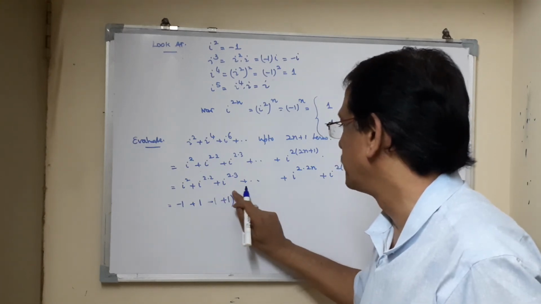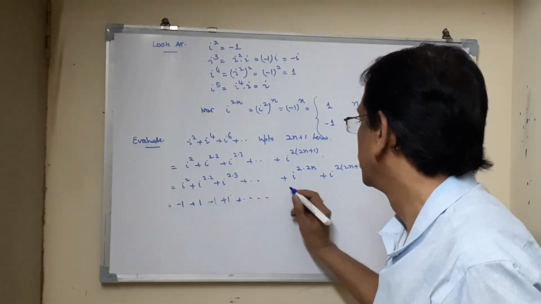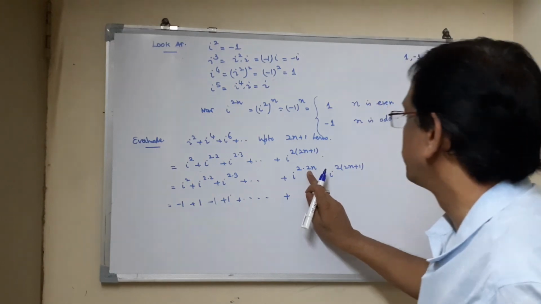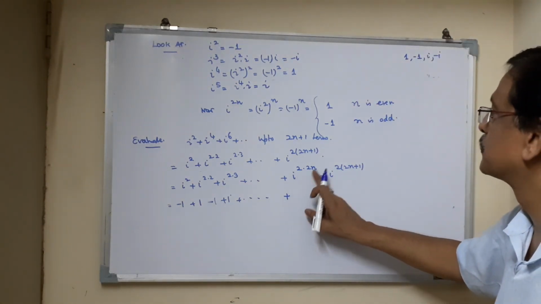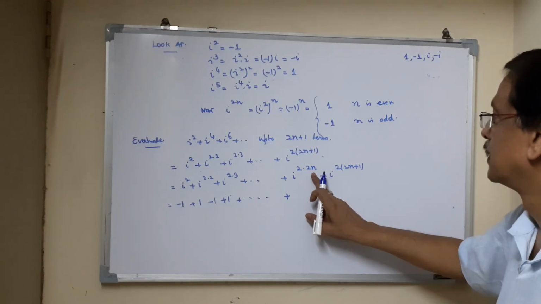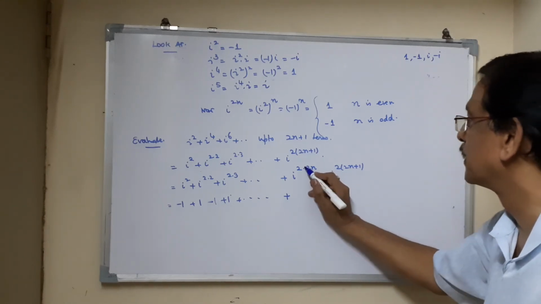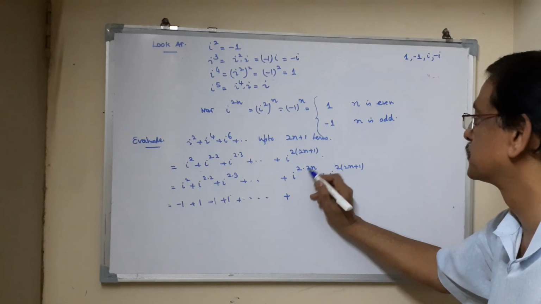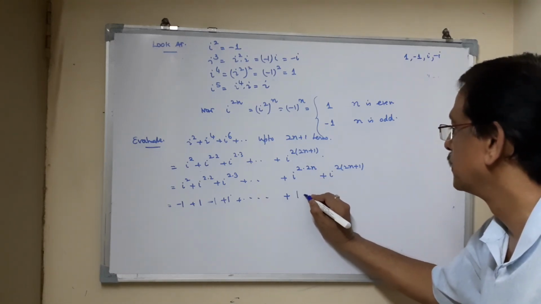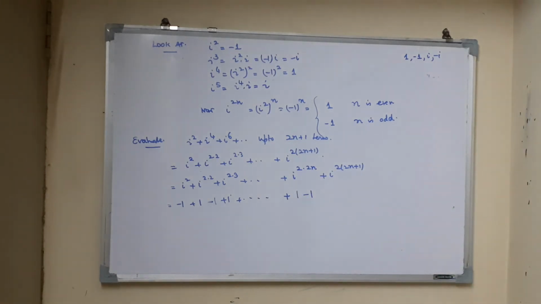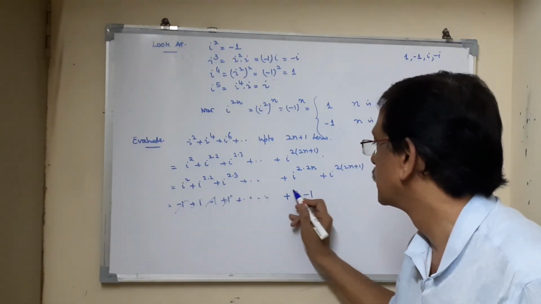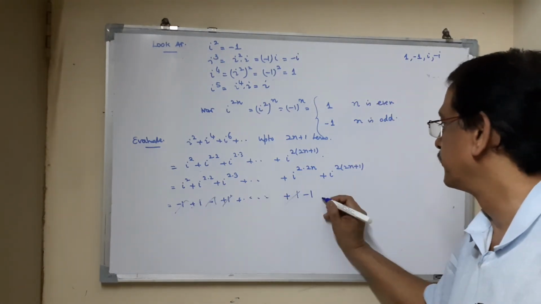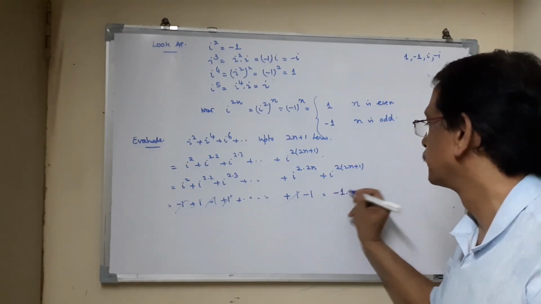What about i power 2 into 2n? I square is minus 1, whole power 2n, and since 2n is even, it is plus 1. You can cancel all these things, and with the previous, you get minus 1.